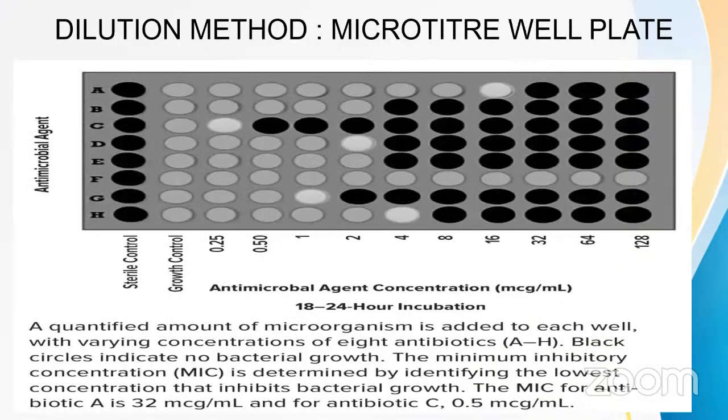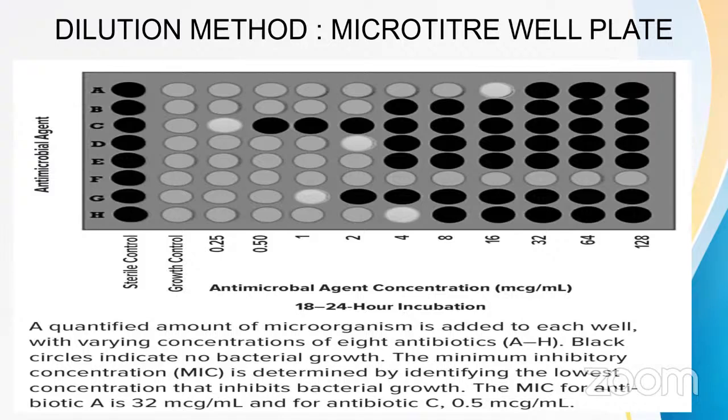This is the dilution method where you have microtiter well plates. Here, a quantified amount of microorganism is added to each well with varying concentrations of antibiotics. You can see the black circles indicate no bacterial growth.